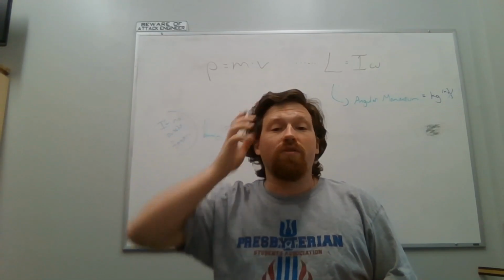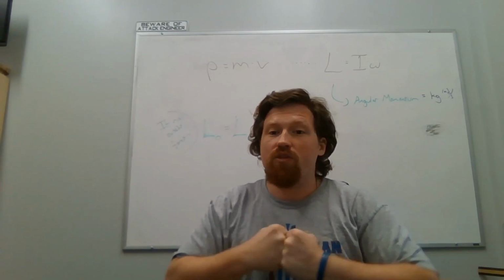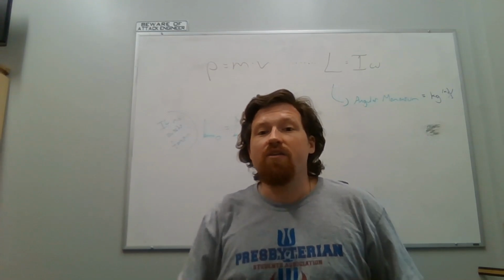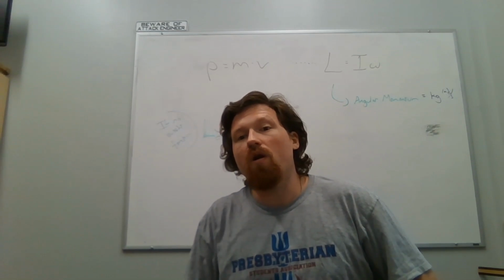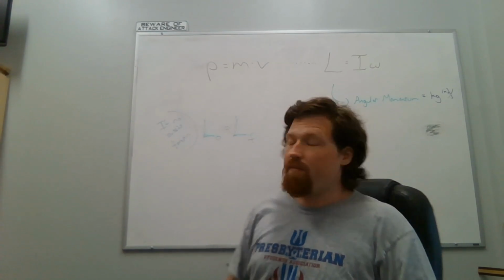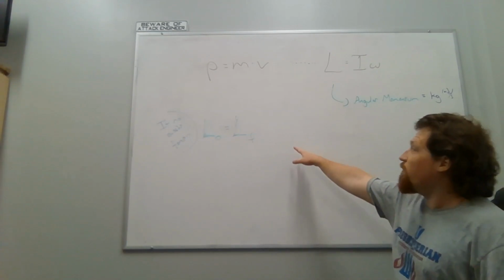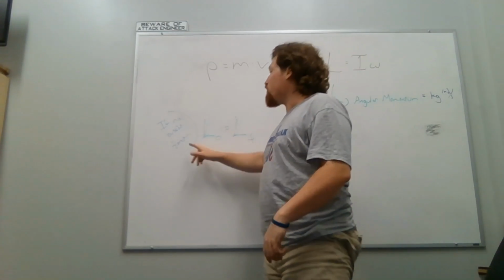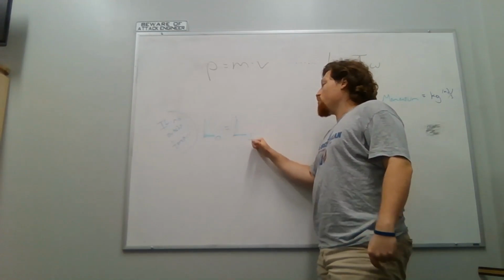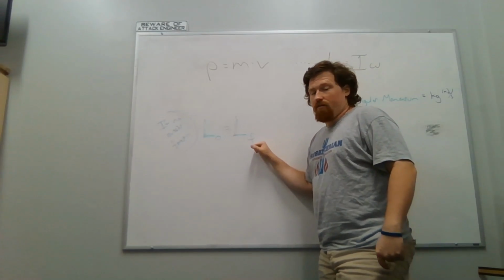But as the person in the chair pulls in their arms and reduces their moment of inertia, their angular velocity has to increase in order for the system to maintain its angular momentum. And that's what this formula right here means. If there is no outside force on a system, its initial angular momentum will be the same as its final angular momentum.